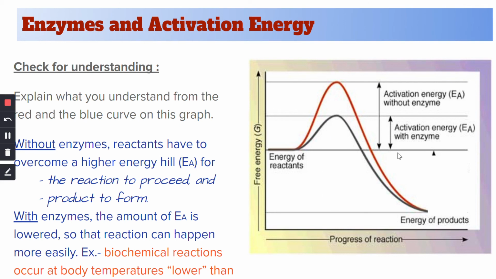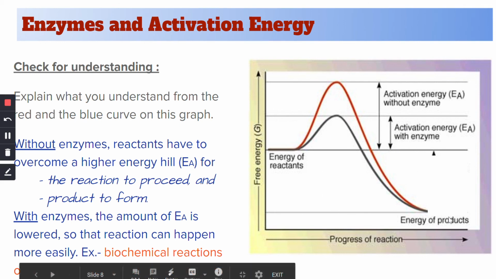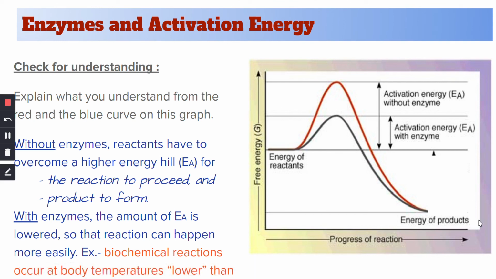Now what does this actually mean in a real life scenario? You can compare this with an example of animals living in the Arctic. I think the base of the slide is not visible, but I'll read it out to you. The example says biochemical reactions occur at body temperatures lower than the external environment.